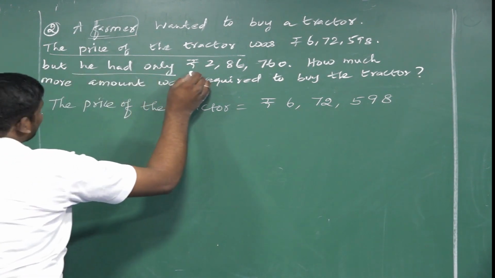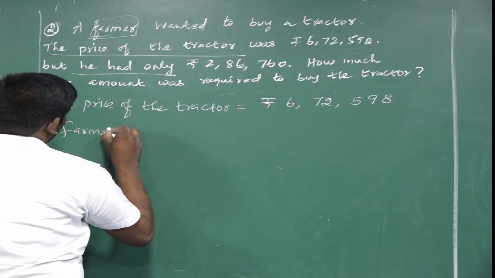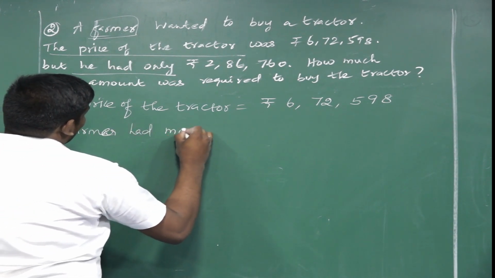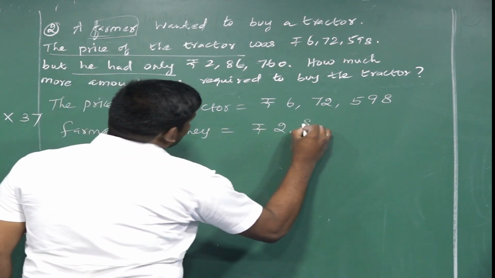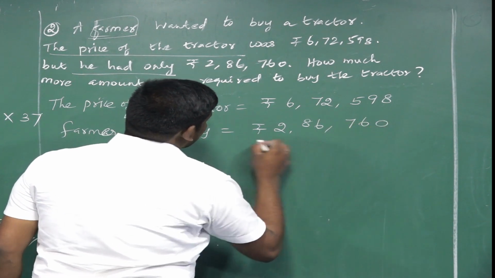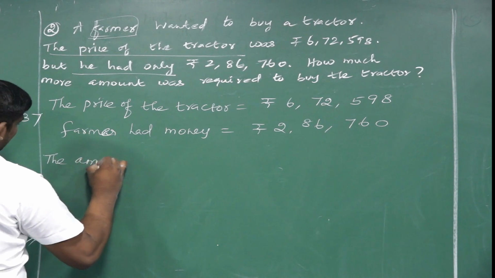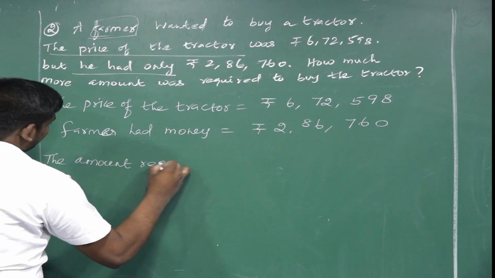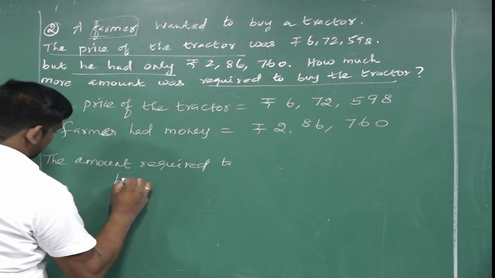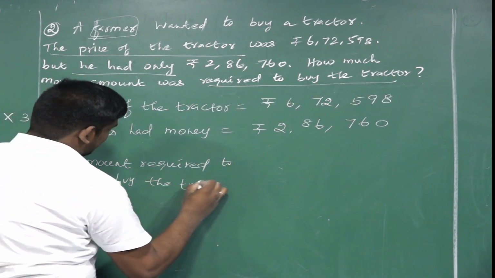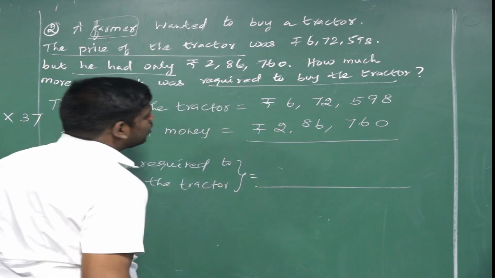Farmer had money only rupees 2,86,760. Next we write the amount required to buy the tractor. So which operation you have to do?